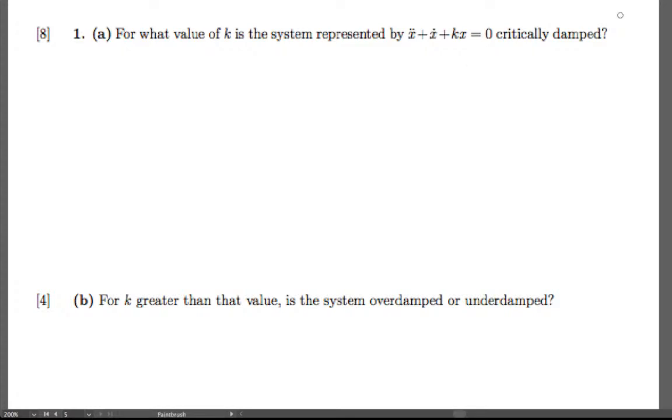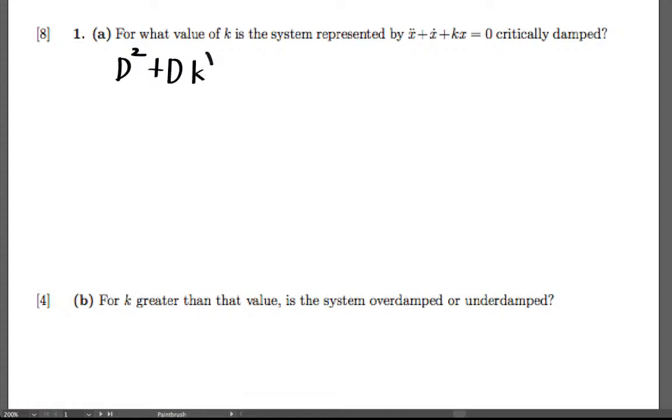Let me just set up my pen first here. Okay, there we go. So we can figure out that it is critically damped if there is only one solution. Actually, I could just write this as D squared plus D plus k, x, put it at the front there, equals 0.